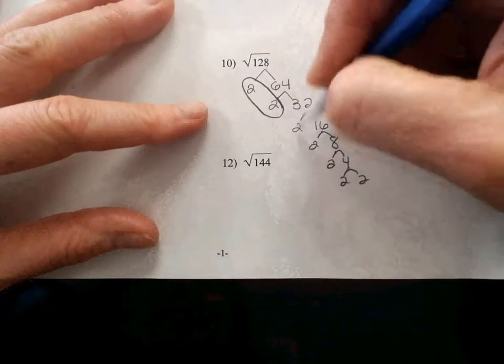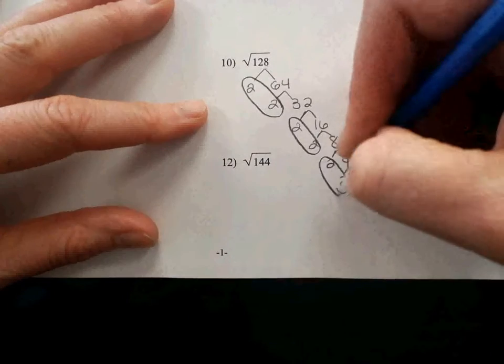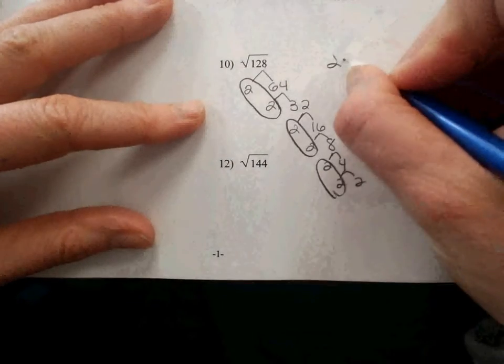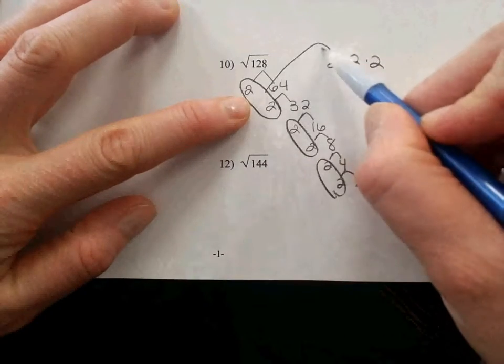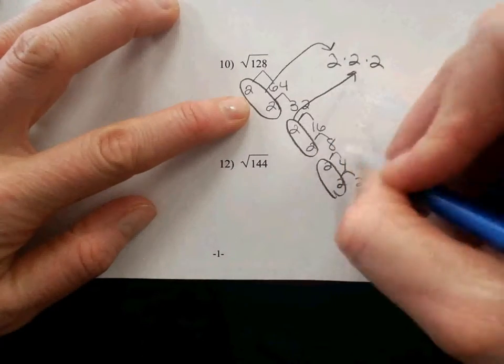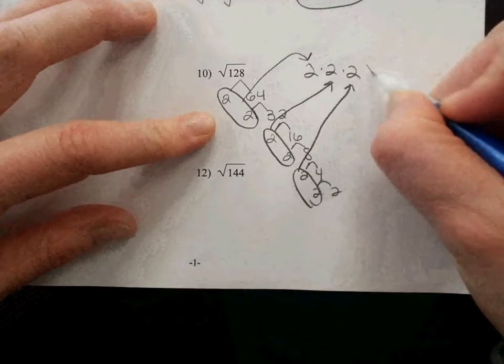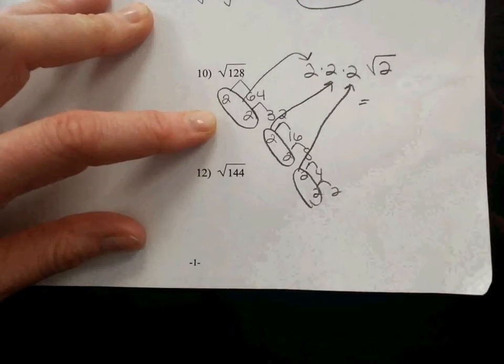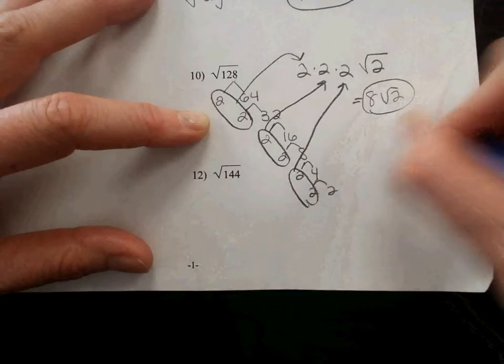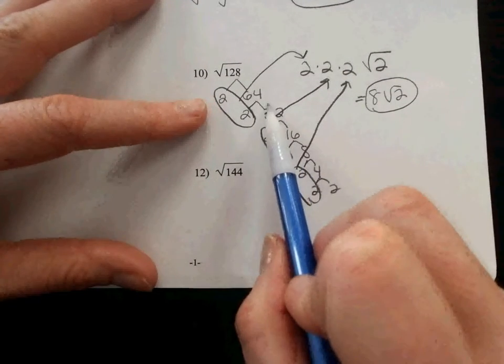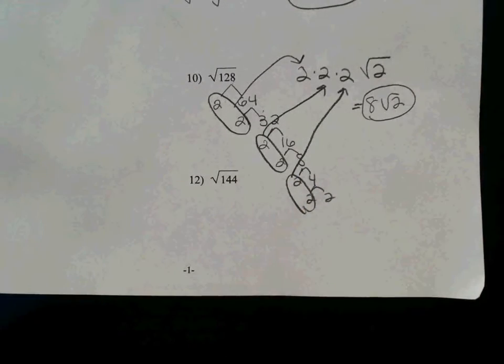There's a pair of 2's, another pair of 2's, and another pair of 2's. So I have 2 times 2 times 2, right? Each pair breaks out as 1, and then 1 left over. So that's going to be 8 radical 2, which we probably recognized right here at the beginning when we had 2 times 64 as factors, and we know 64 is 8 squared. But to practice this method in case you need it, there you go.